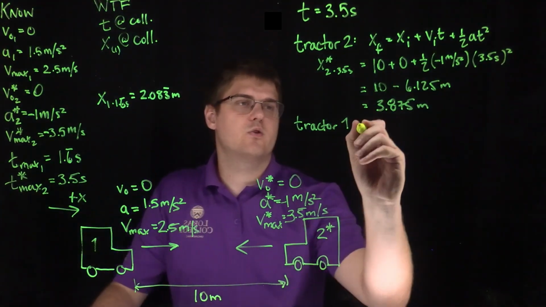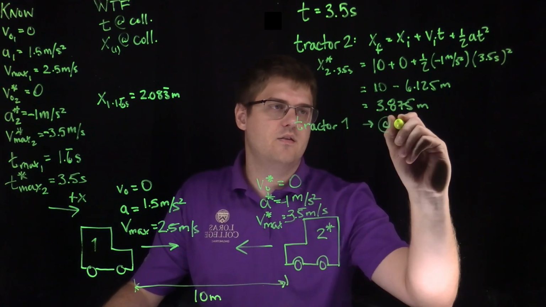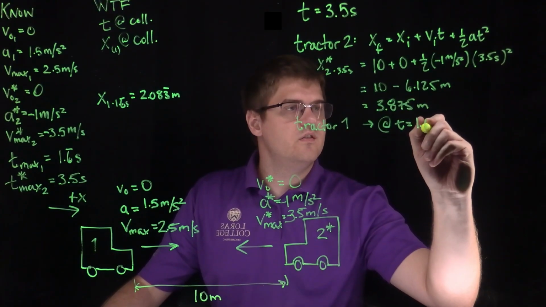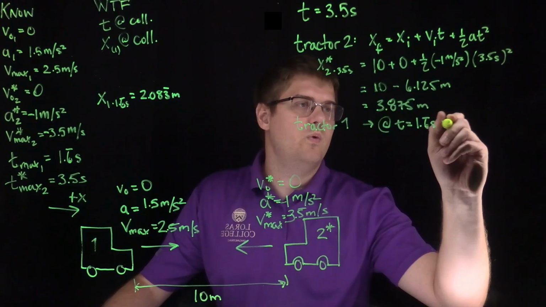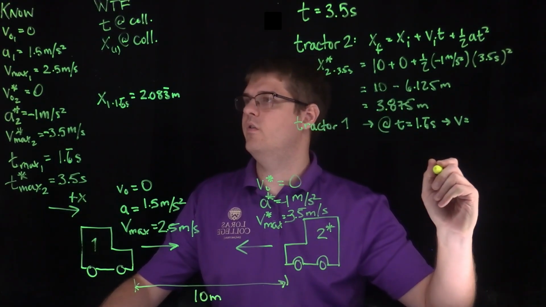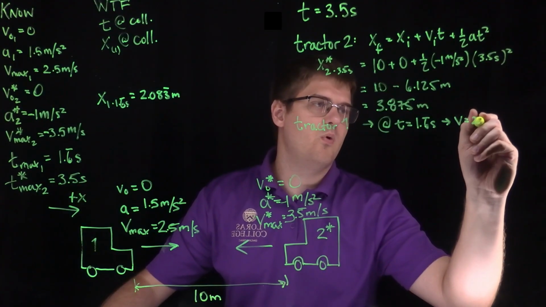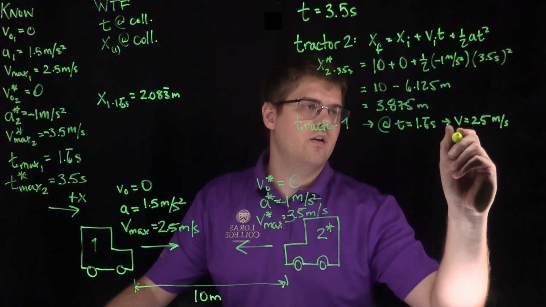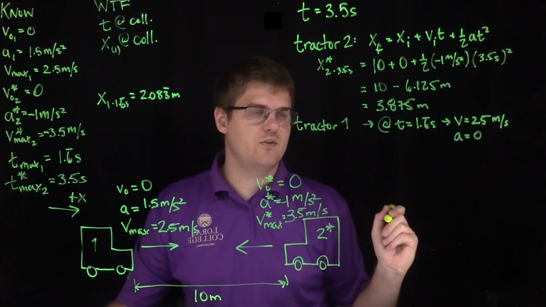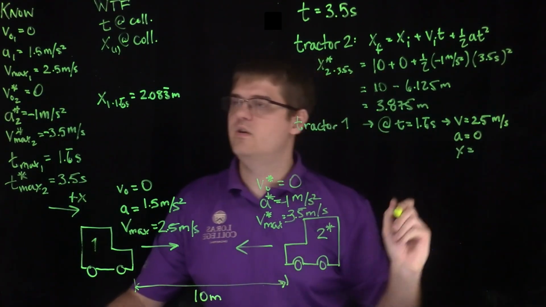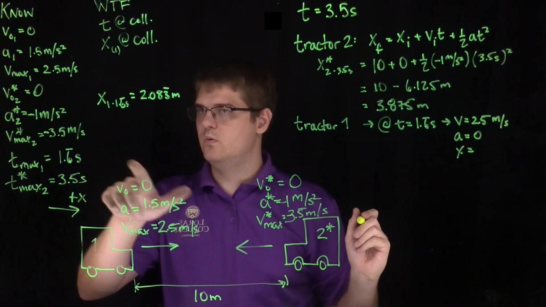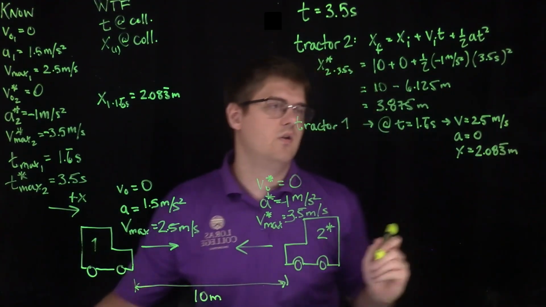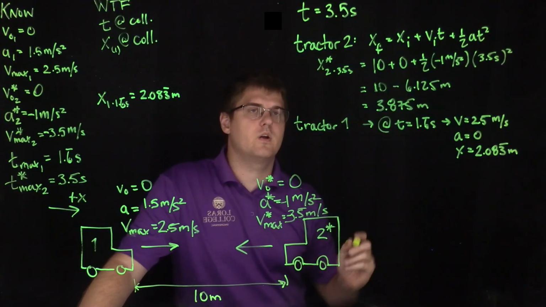So for tractor 1, we know that at a time of 1.6 repeated seconds, we have a velocity of 2.5 meters per second, and we have an acceleration of 0 because we've stopped accelerating now, and we have a position of 2.083 repeated meters.